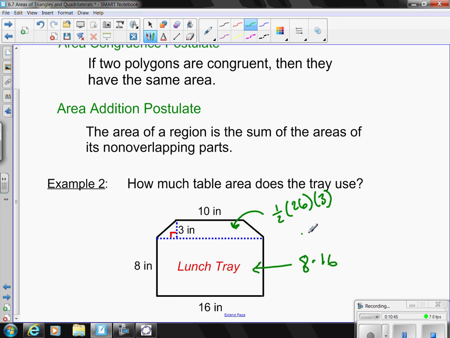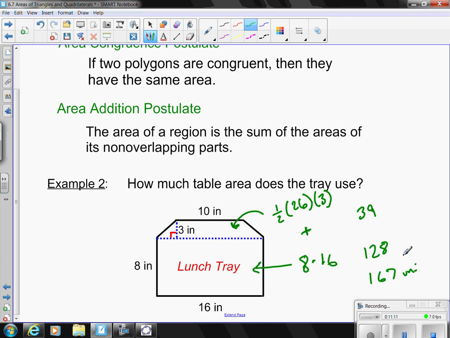And now to get the total area, I have to add these things. So 13 times 3 is 39. And 8 times 16: 8 times 10 is 80, plus 48, 128. Add these together, I get 167 units.